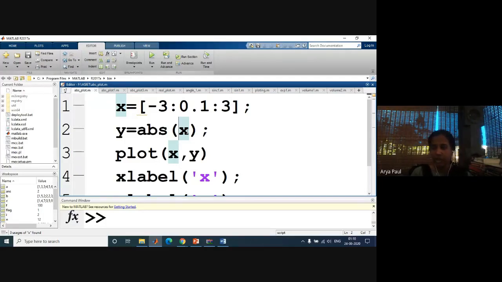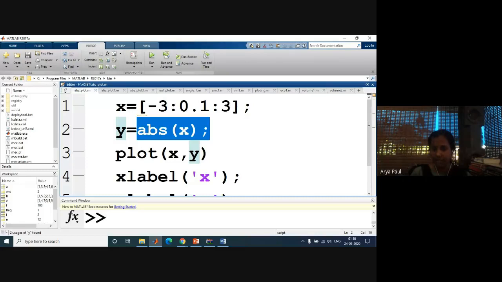Whatever you do inside ABS of x, you get positive values only, which you assign to y. So if x is minus 2.9, y will be 2.9. If x is minus 1.5, y will be 1.5. So I have defined y equal to ABS of x.